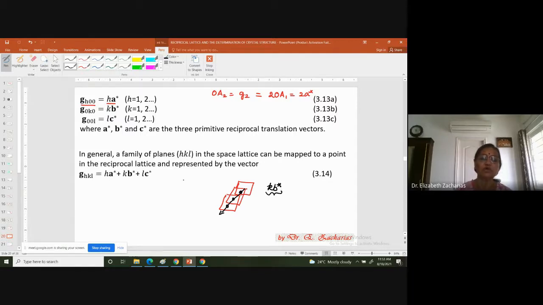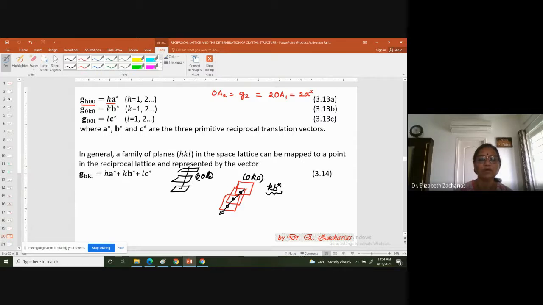Similarly, if I am going to talk about planes like this, these are all families which are 0, 0, L. And these are all families which are 0, K, 0. Now, how is the reciprocal lattice for this going to look?